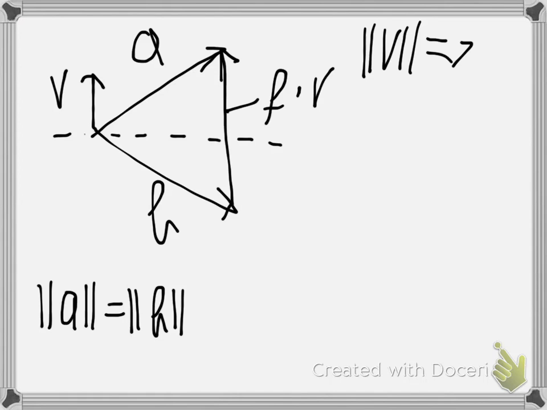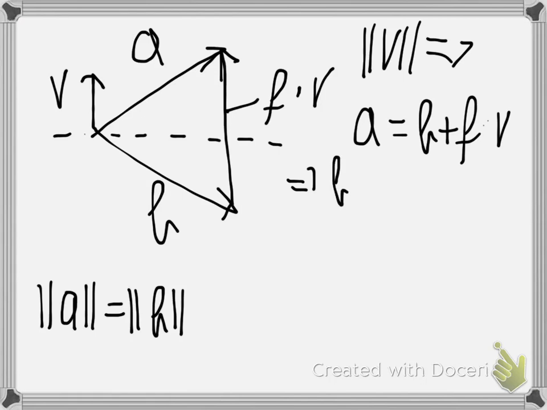So here we know that the vector A is equal to the vector B plus the vector F times V. So we know that B is equal to vector A minus F times V.